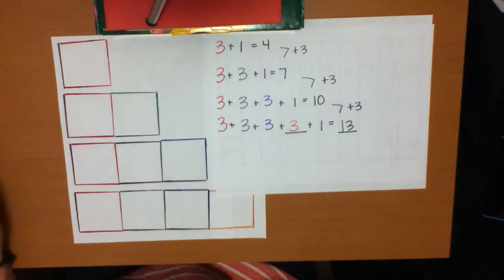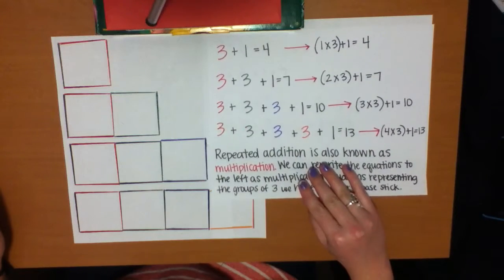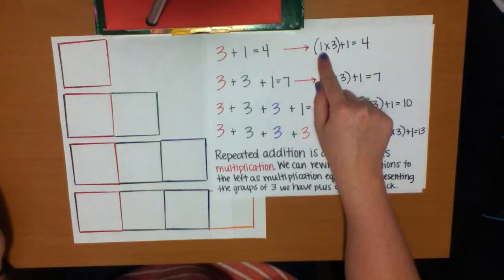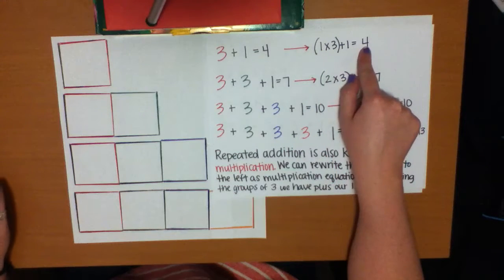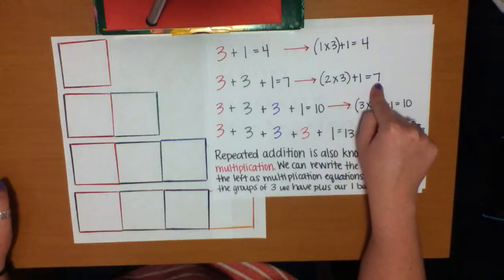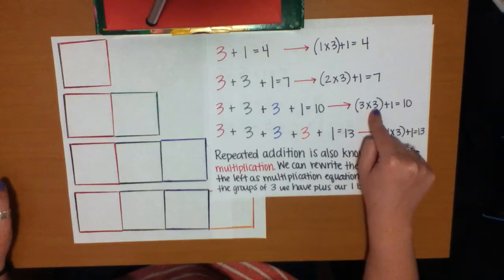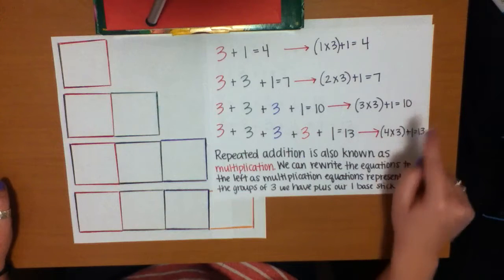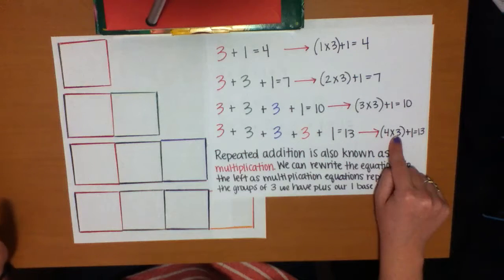So we can take out the groups of 3 phrase and replace it with 1 times 3 plus 1 equals 4, 2 times 3 plus 1 equals 7, 3 times 3 plus 1 equals 10, and 4 times 3, which equals 12, plus 1 is 13.